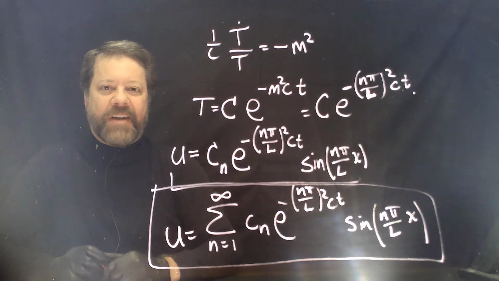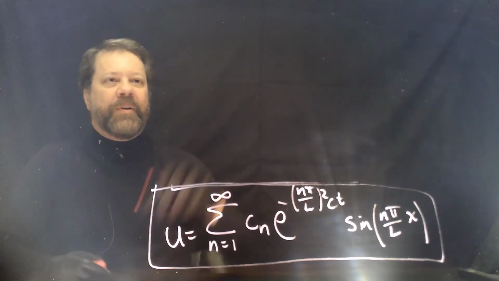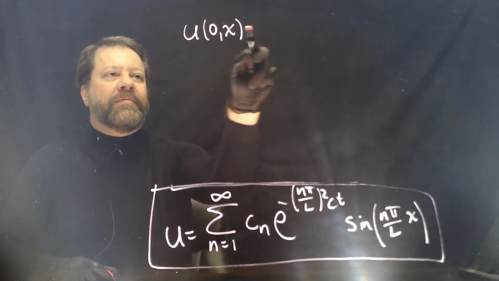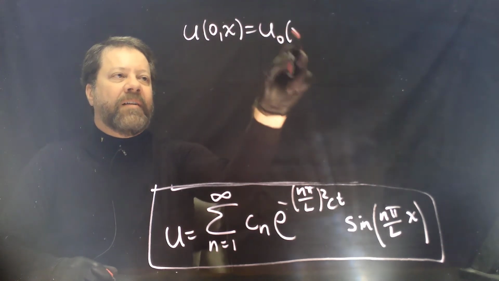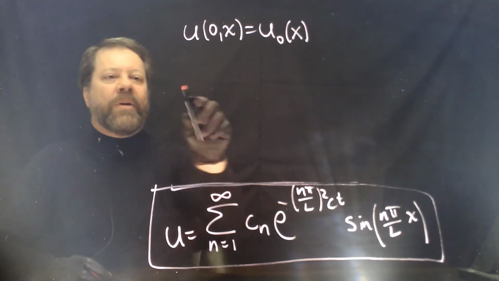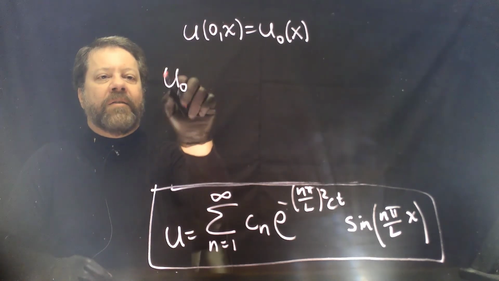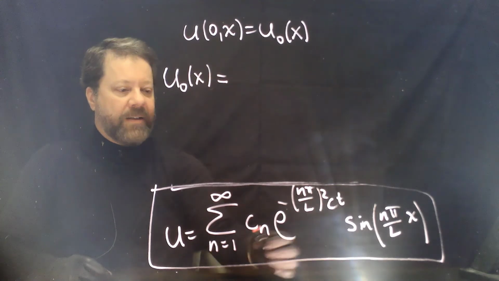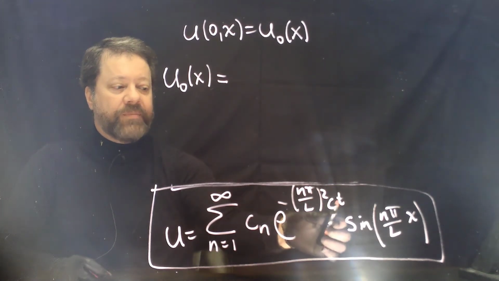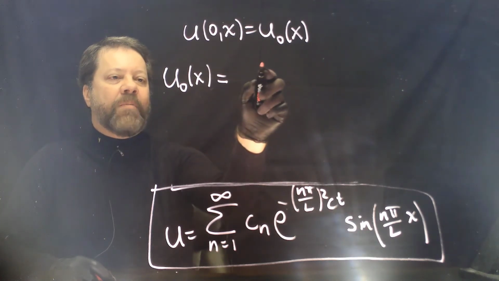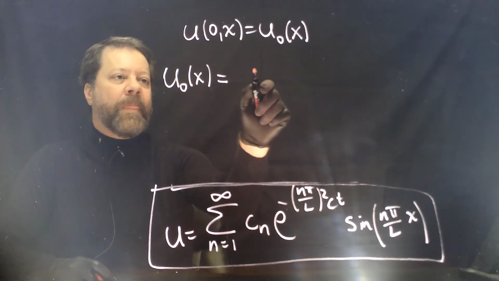The question now becomes, how do we choose the values of Cn so that the initial condition will be satisfied? Remember that u at time 0 is specified to be some function u0, where u0 would have a power series representation. Since at t equals 0, we end up with only sines, we'll assume it has some form as a sine series.